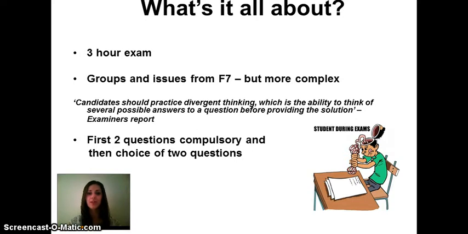However, you are going to need to think about how you're going to choose the questions that you're actually going to answer in the exam, which can add a wee bit of pressure within the exam. So you need to know what tactics you're going to lay out in order to choose your question. You have 15 minutes of reading time, so you might want to use this just to flick to those questions where you get a choice, just to see which ones you might possibly do.